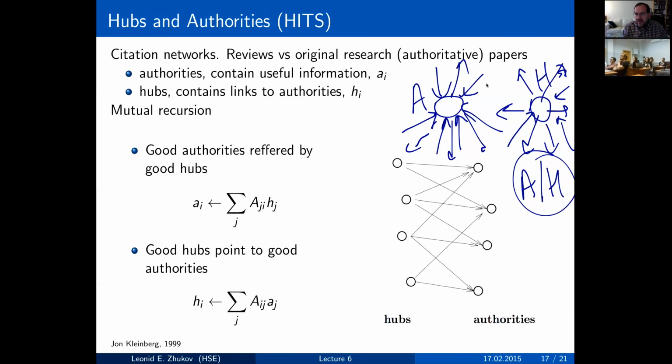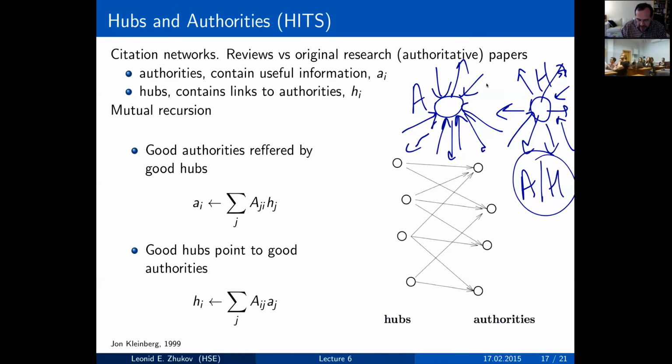So the authority of the papers really depends on the authority of the reviews that point to that paper. And the other way around. A good hub, a good review, is the one that points to good papers.